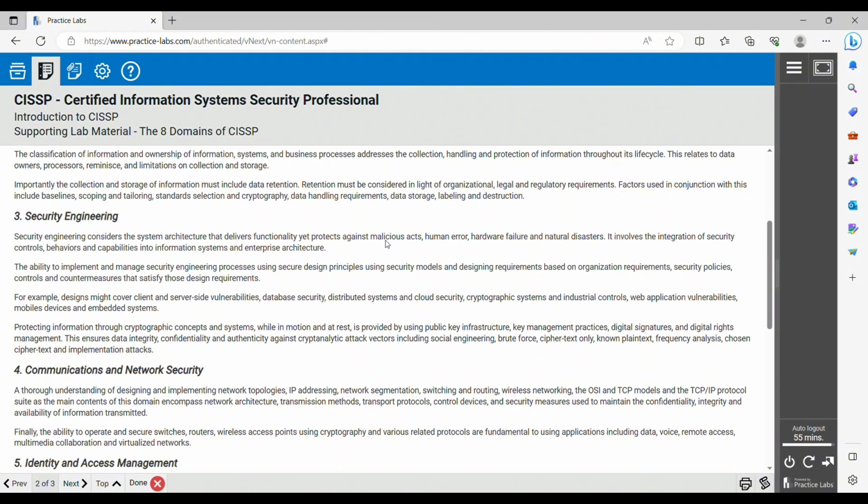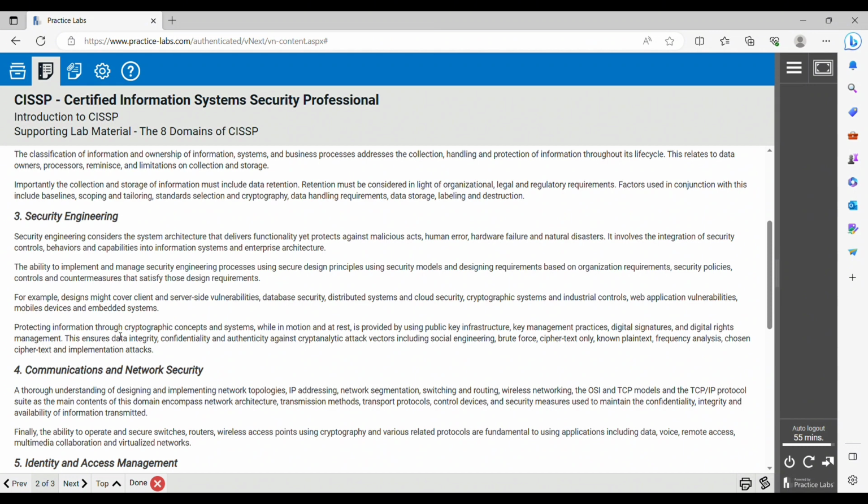For example, design might cover client-side and server-side vulnerabilities, database security, distributed systems and cloud security, cryptographic systems and industrial controls, web application vulnerabilities, mobile device and embedded systems.